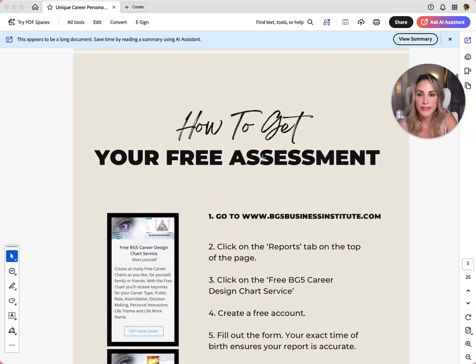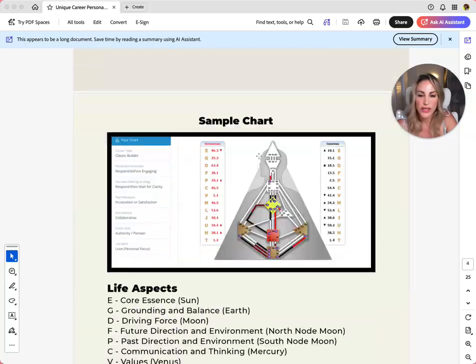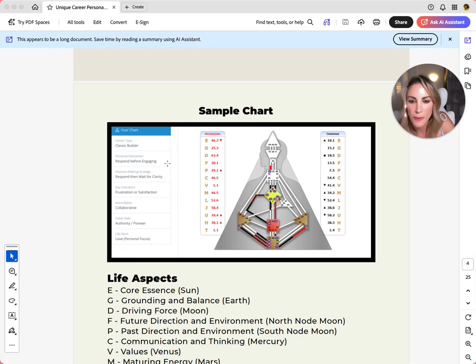All right, let's go back up to the overview. We went through the types, the interaction styles, the decision making, the indicators. How you assimilate is how you are taking in information and how you incorporate it into your life.